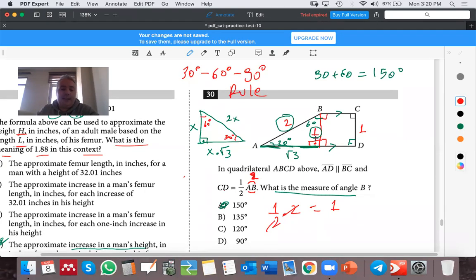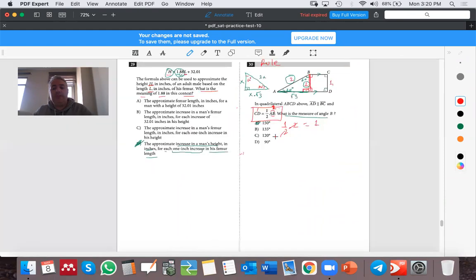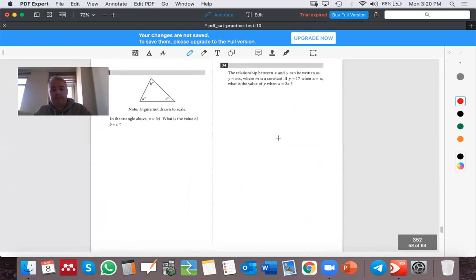Okay? I think everything is clear. So this information I use: if this is 2, 1 over 2 times 2 is 1. If CD is 1, opposite is 1. If this is 1, this is 2, so this is half of it. Since 90 degrees, it is a 30, 60, 90. And the result comes out quickly.